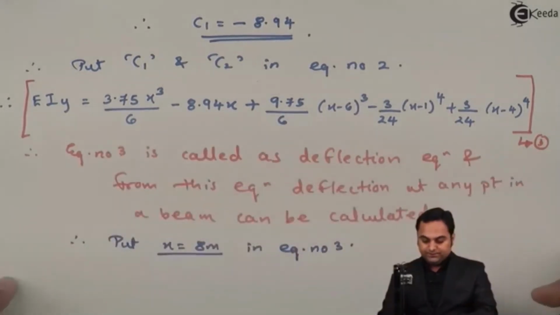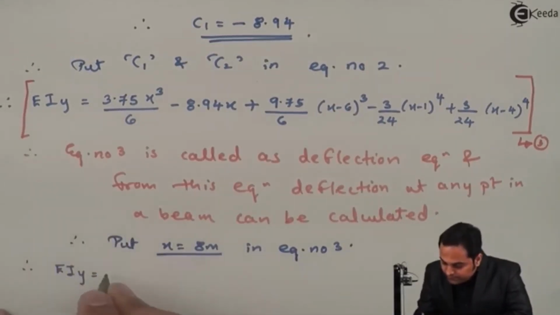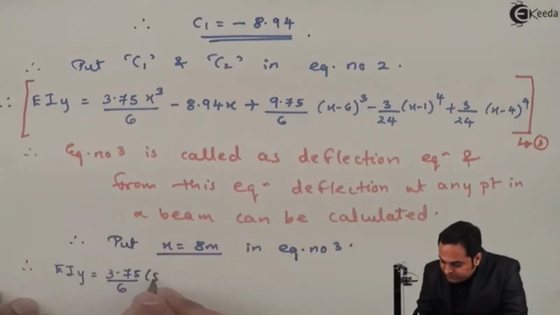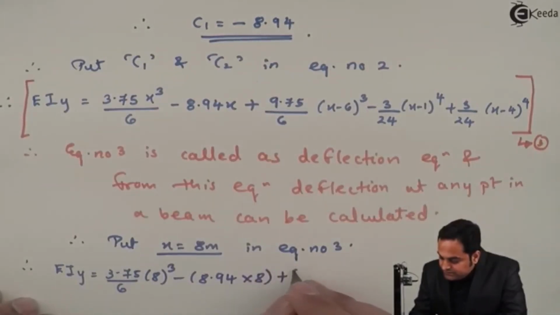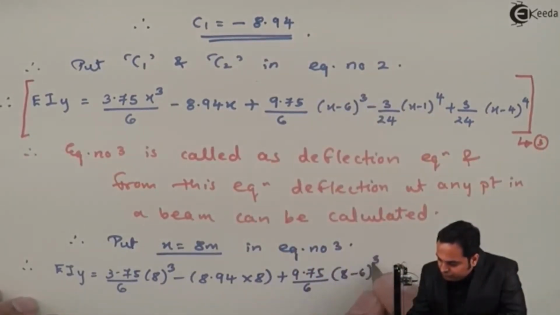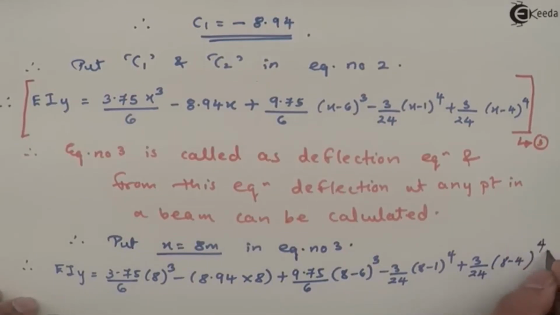Therefore EI into y is equal to 3.75 divided by 6, here in place of x I'll write 8, so 8 cube, minus 8.94 into 8, plus 9.75 by 6 into 8 minus 6 whole cube, minus 3 by 24 into 8 minus 1 raised to the power 4, plus 3 by 24 into 8 minus 4 raised to the power 4.